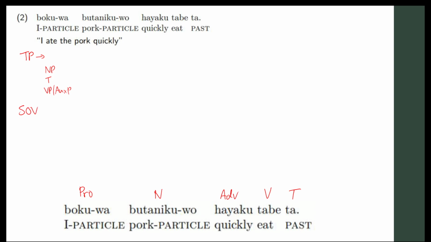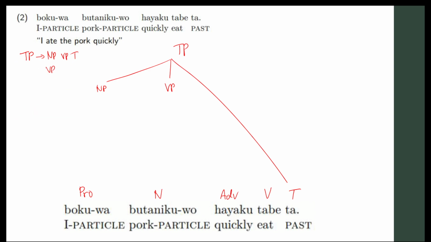So the TP is going to branch out into a noun phrase. It's going to branch out into a verb phrase, and it also needs tense. So luckily, tense is already given. So we know it's going to be at the very end of the sentence, so tense will be on the right, and the verb phrase comes after the noun phrase. So NP VP T, that is going to be the rule for Japanese.